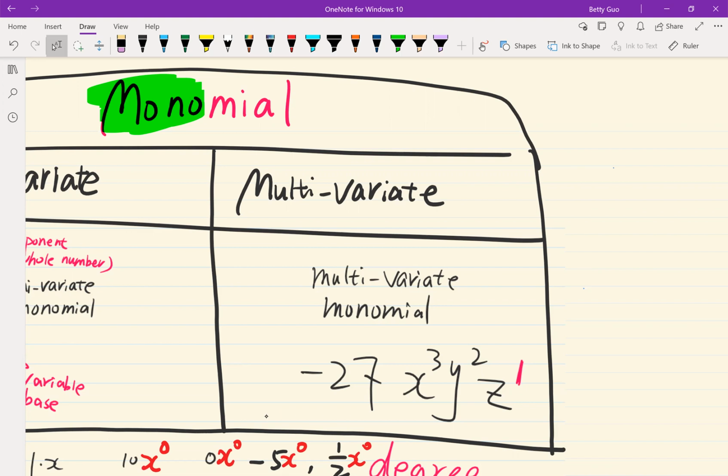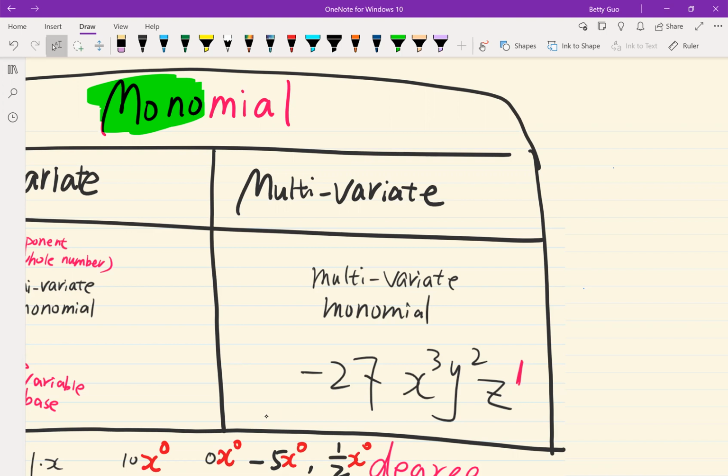You add them up: 3 plus 2 plus 1. What do you have? The degree of this multivariate monomial is 6. If you want, you should write it down. How do you determine the degree of a multivariate monomial? Add up those exponents. Take the sum of the exponents.